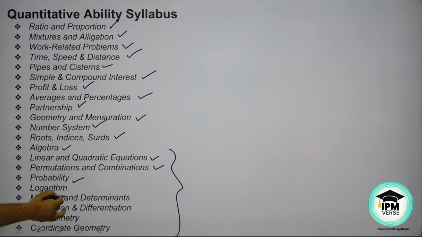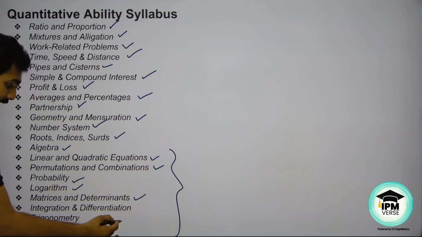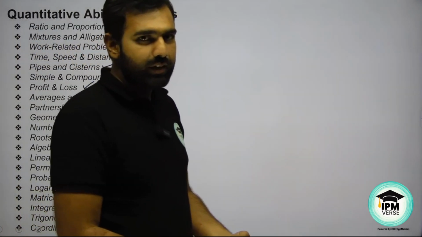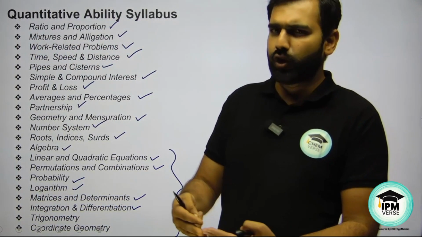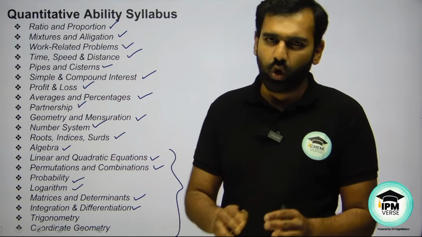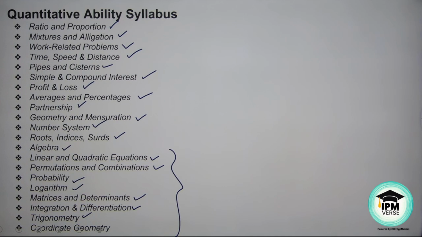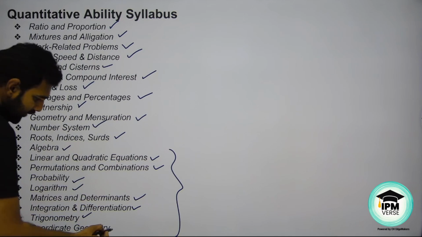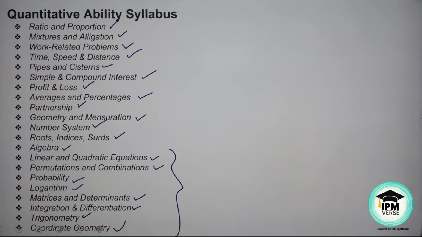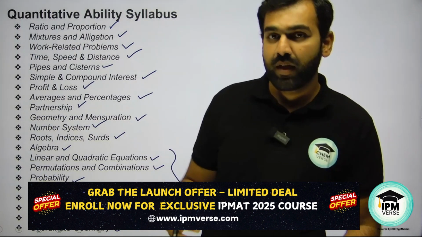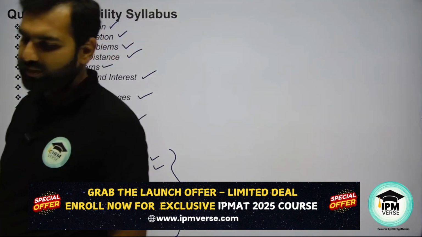For example, logarithm, matrices and determinants, integration and differentiation, definite integration, area under the curve, and application of derivatives, all such topics are asked. Along with that, trigonometry is there, and coordinate geometry is also there. All these topics are present in your examination. So this is the complete syllabus of what can be asked, or from where your questions are created.